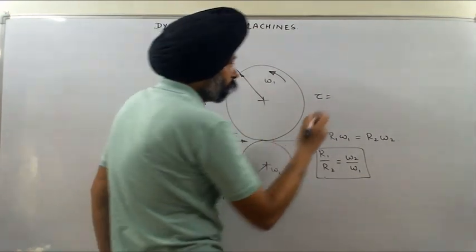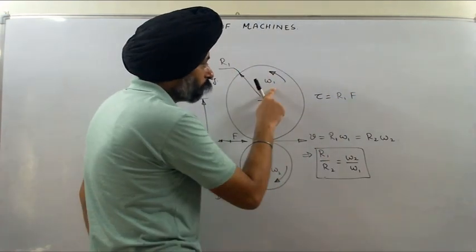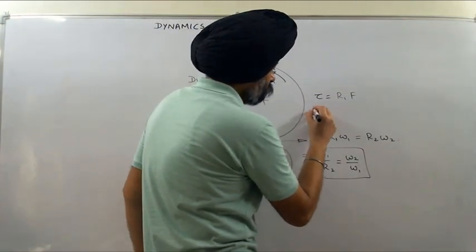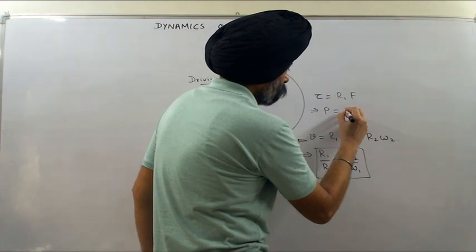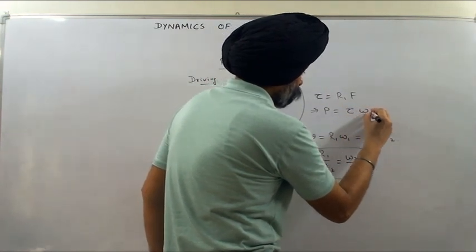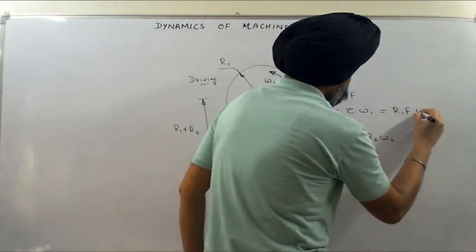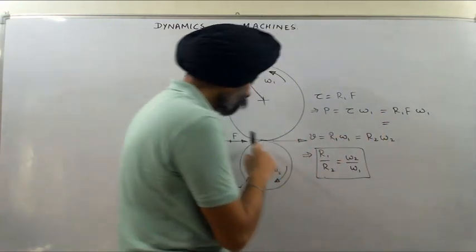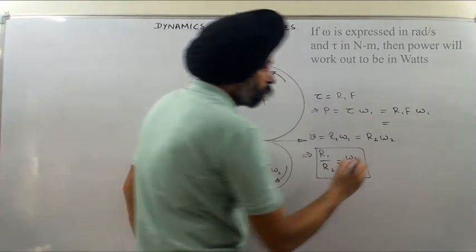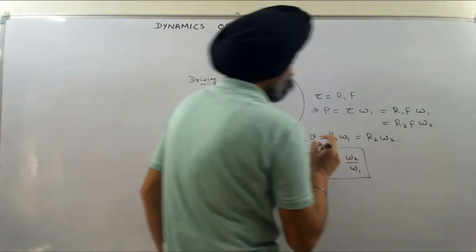So we have torque equal to R1 times F. And if omega 1 is the angular velocity, we can straight away get power equal to tau into omega 1. This is equal to R1 F into omega 1. And if we neglect the frictional losses, the same power will get transmitted here, and this would be equal to R2 F into omega 2. So this is the amount of power.